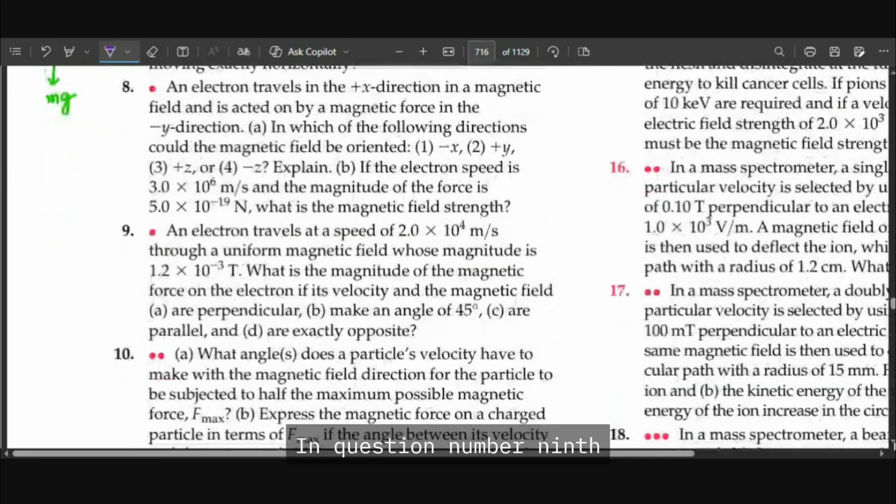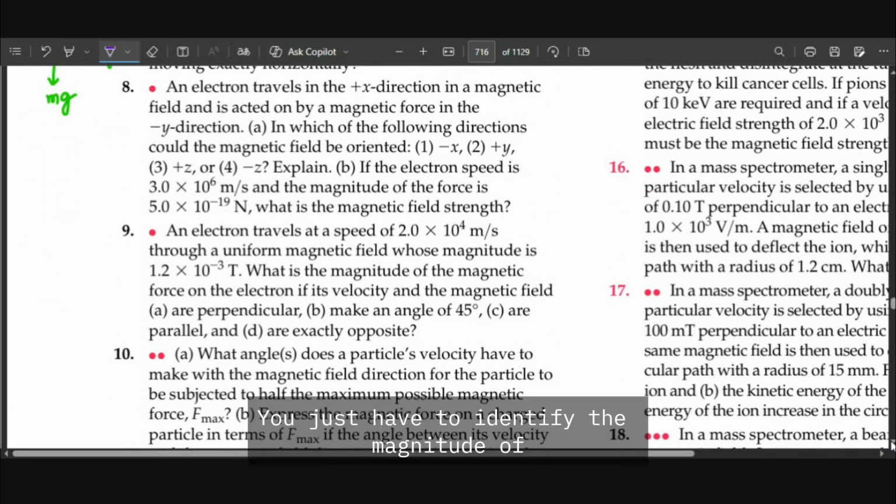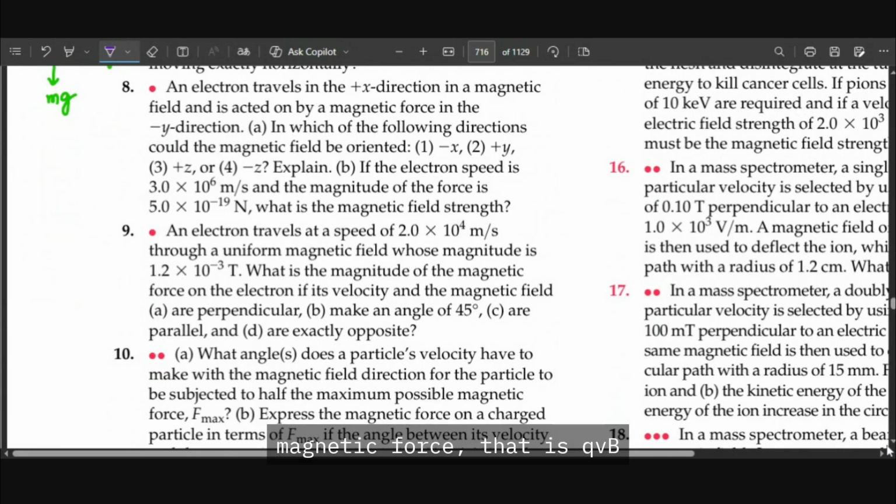In question number nine, again the same question. Nothing is changed. You just have to identify the magnitude of the magnetic force, that is QVB, keeping different things in mind. When they are perpendicular, sine theta is going to be sine 90. When it is making an angle of 45, sine theta must be sine 45. When they are parallel, theta is going to be 0.